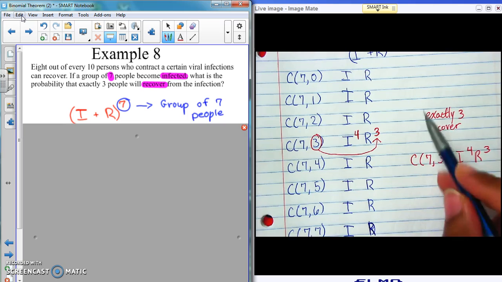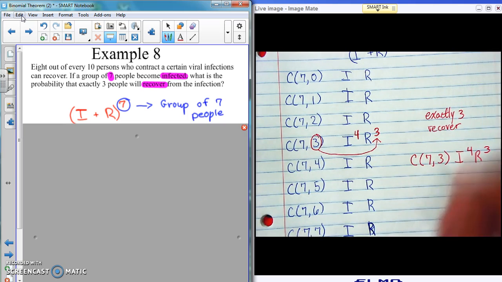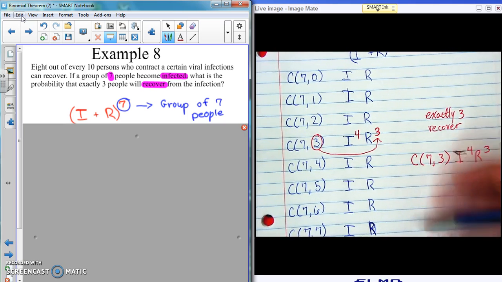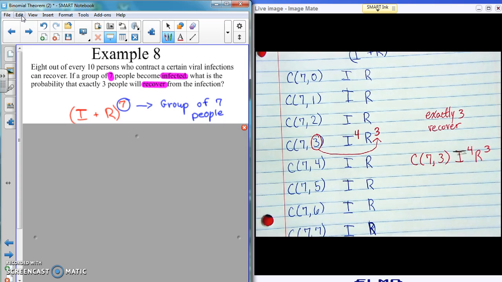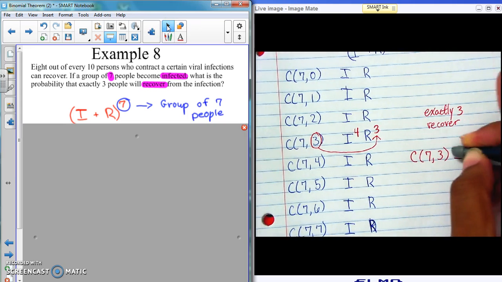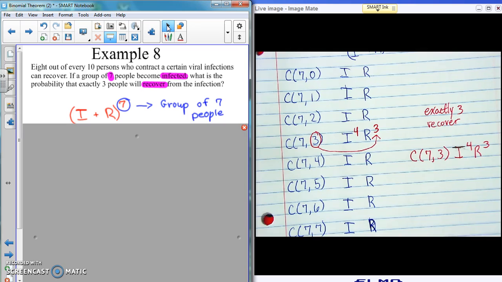Exactly 3 people recover. So here, we're going to go back to the actual word problem and look at it. They give us a percent because we need to figure out what is the percent of being infected and what's the percent of recovering.